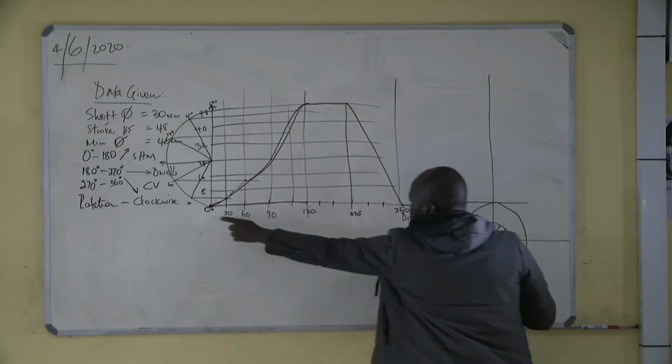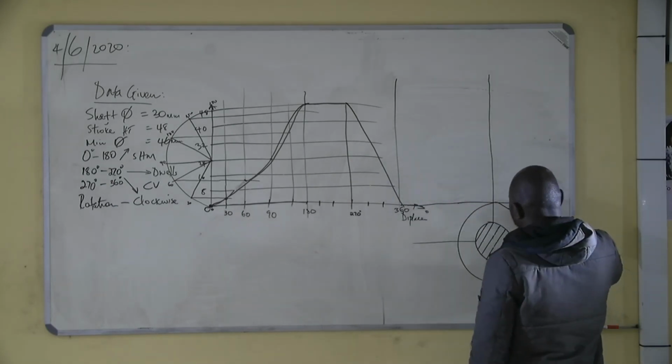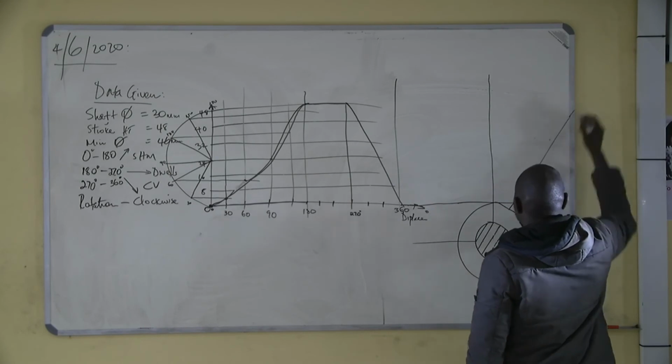And normally, I always advise that you divide this into the same divisions that you have on your horizontal here.